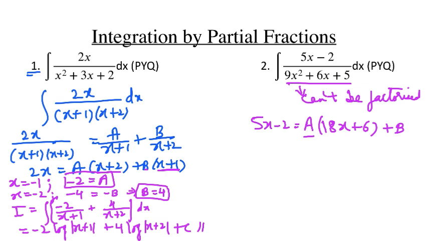And by comparing the coefficients of x and the constant terms on both the sides, we will find the value of a and the value of b, and then we split and move further.